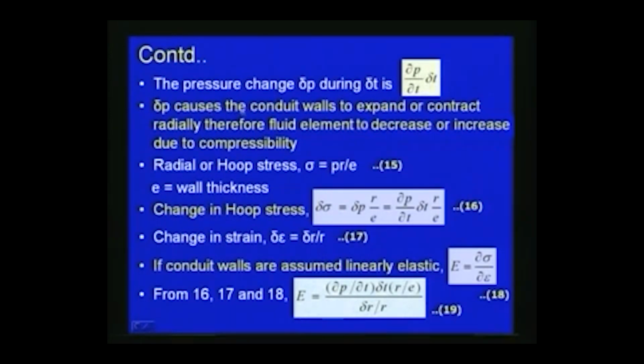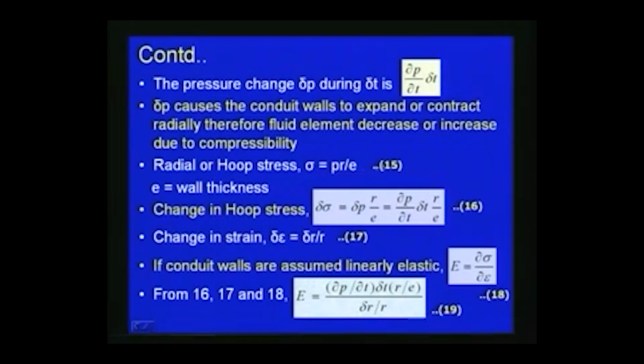So, this delta P causes the conduit walls to expand or contract radially, therefore, the fluid element to decrease or increase due to the compressibility effect. So, finally, we can see that the radial or hoop stress for the pipe or the closed conduit which we consider, we can write sigma is equal to P into R by e, where P is the pressure and R is the radius of the pipe and e is the wall thickness.